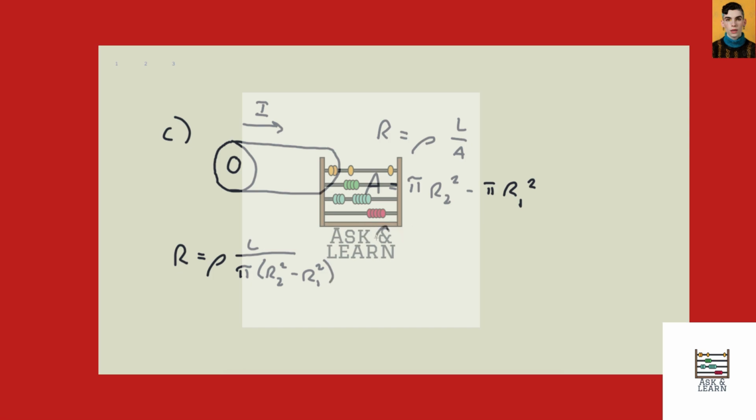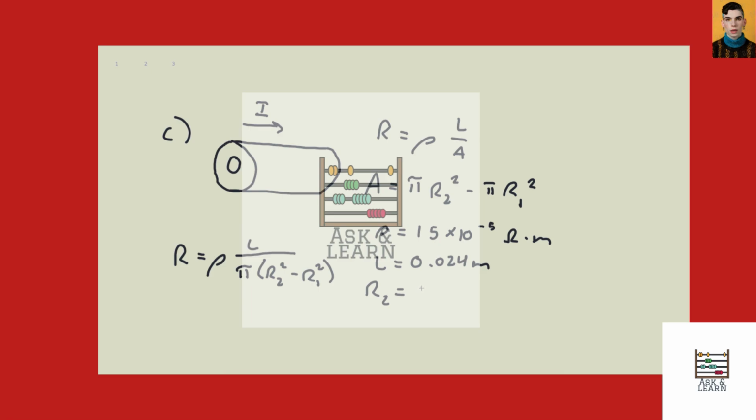Here again, we're going to use the same values given to us before. Rho is equal to 15 times 10 to the minus 5 ohm-meters. L is going to be 0.024 meters. And I'm going to write R2 and R1 now in terms of meters because they're not going to cancel in the units. We need to make sure we keep them in meters this time.